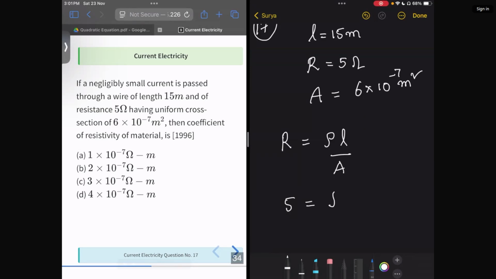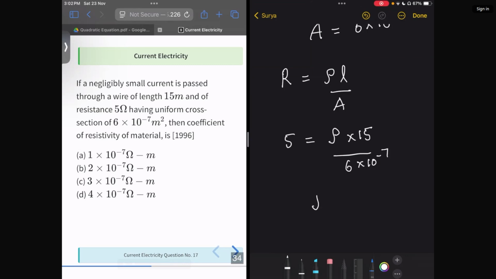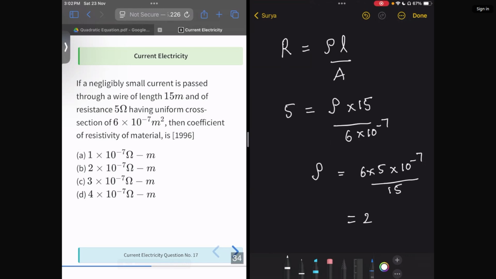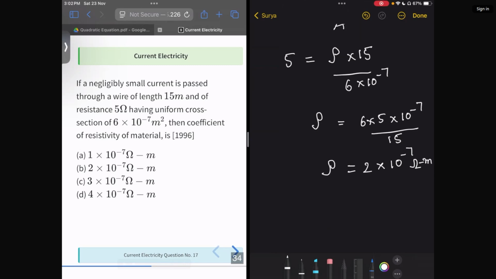Rho is the resistivity, length is 15 meters, and area is 6 into 10 power minus 7. So rho is equal to 6 into 5 into 10 power minus 7 divided by 15, which is equal to 2 into 10 power minus 7 ohm meter. So rho is the coefficient of resistivity.